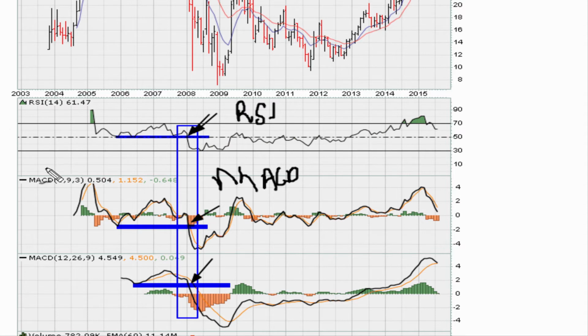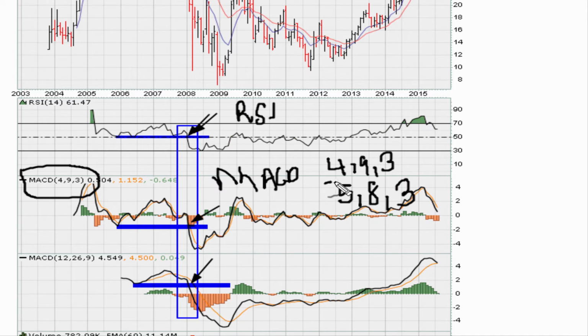Now I do notice here that on my MACD setting, I'm still holding on to the old setting I used a while back of 4, 9, 3. I'm going to update this chart in a second, and we're going to use the one I like to use, which recently, over the last couple of years, I've gone to using. Why? Because it's part of the Fibonacci series numbers.